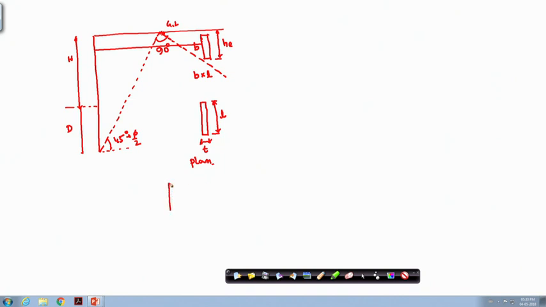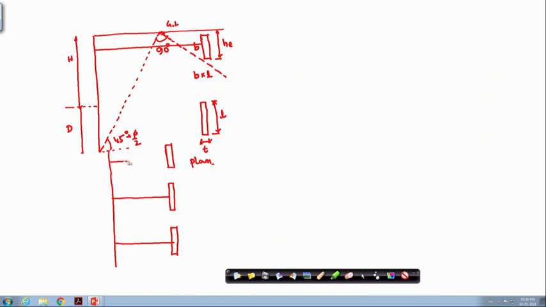You can put one anchor, then this is your sheet pile which is going continuously, then you can put another anchor like this, then another anchor like this. This is the sheet pile, this is the anchor, this is the anchor rod. So, this is the plan.